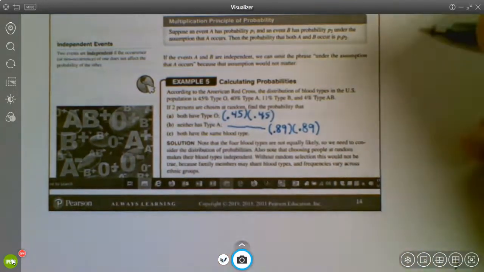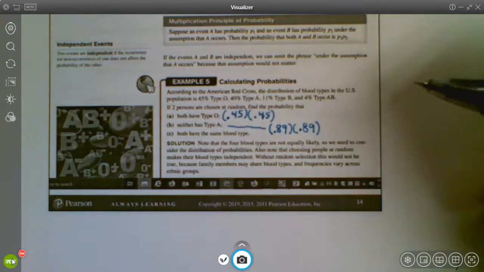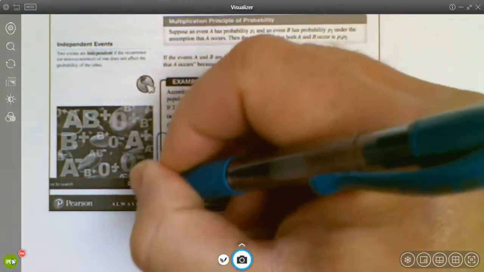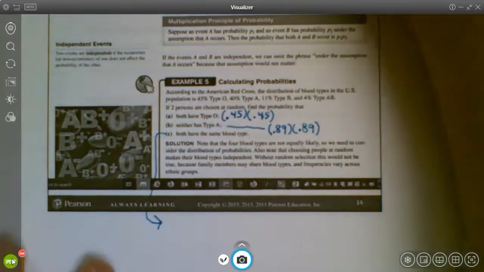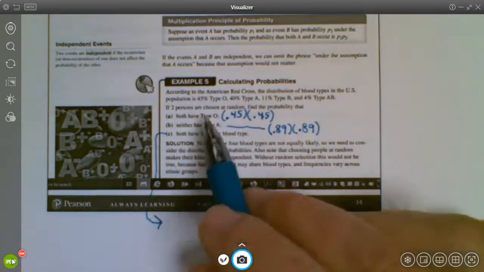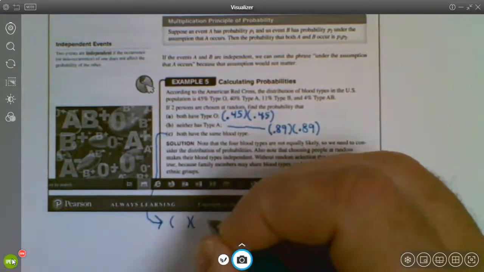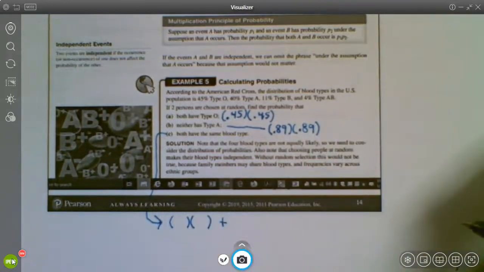So this is where you'd have to start looking at multiple combinations of multiple blood types, right? So if we wanted to lay out the cases where they both have the same, we would say, okay, I have to now look at all the possible combinations where they are the same. So it could be both type A. So we would multiply those together, or we always add these options together.